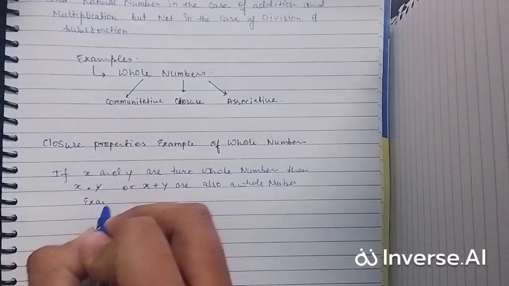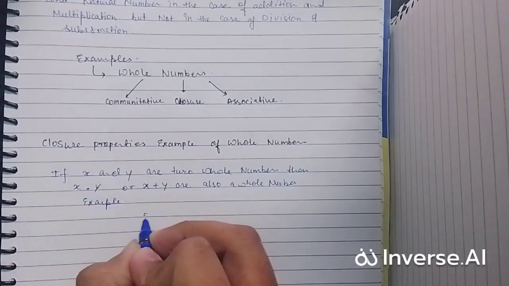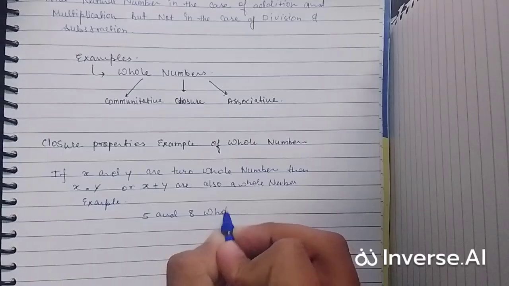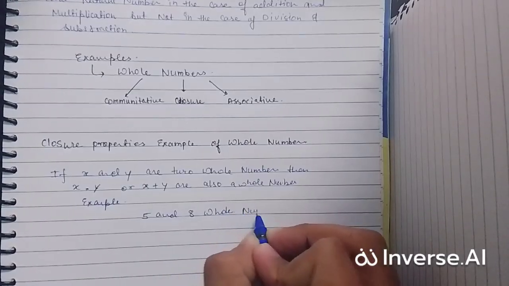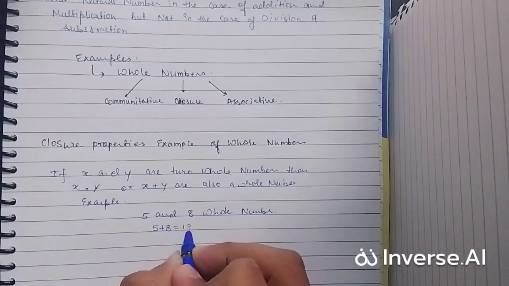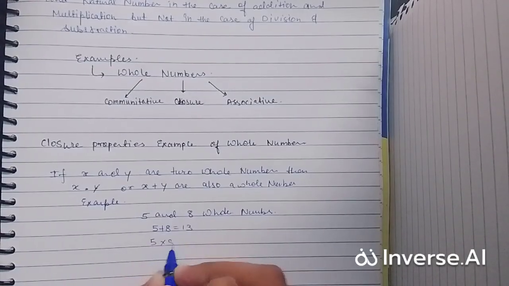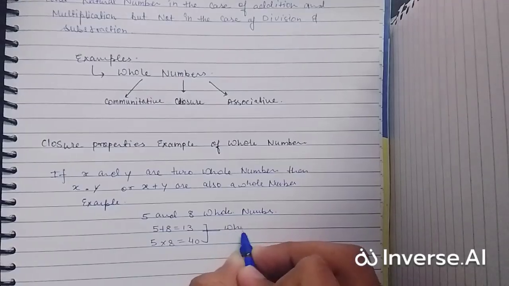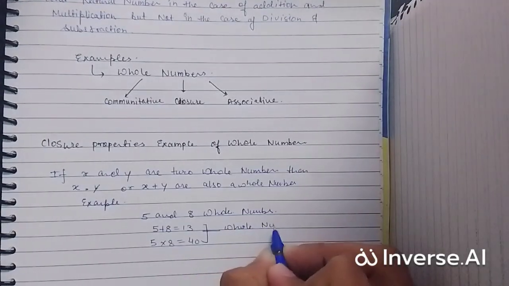Example: 5 and 8 are both whole numbers. So 5 plus 8 equals 13 and 5 into 8 equals 40. They are whole numbers as well.